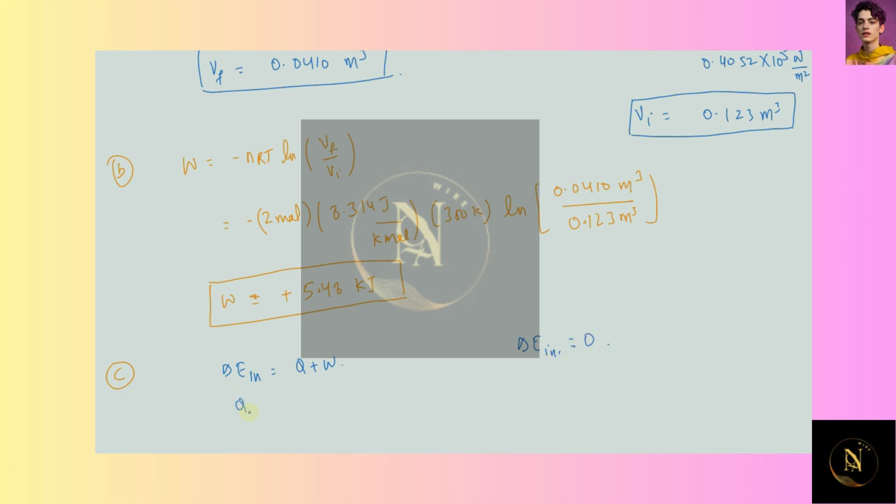So Q plus W equals 0, and Q equals minus W. We get Q as minus 5.48 kilojoule. This is the final answer for the C part.